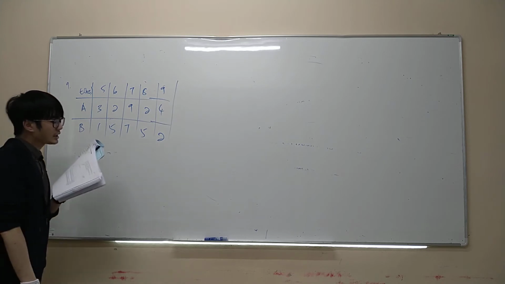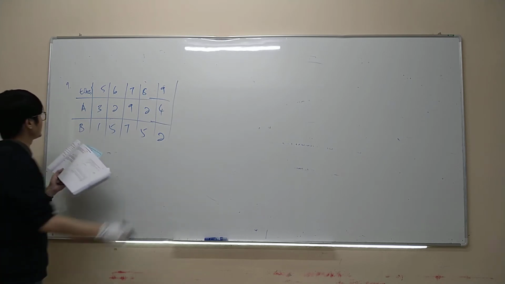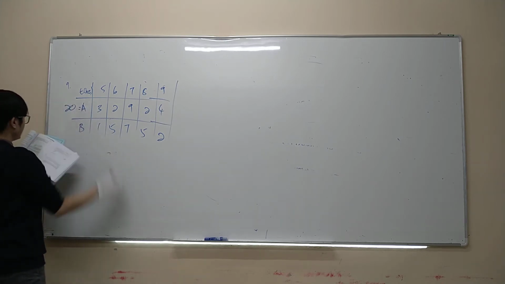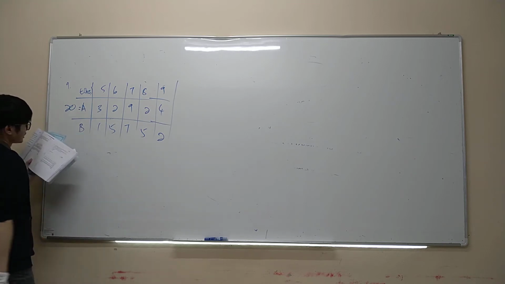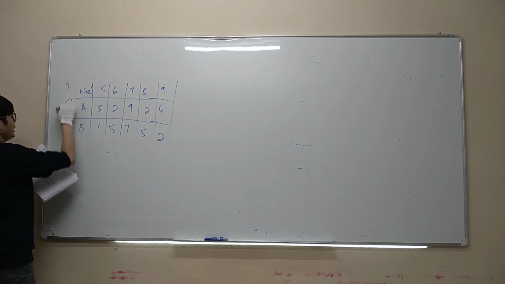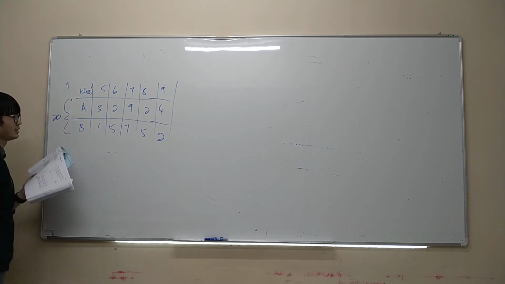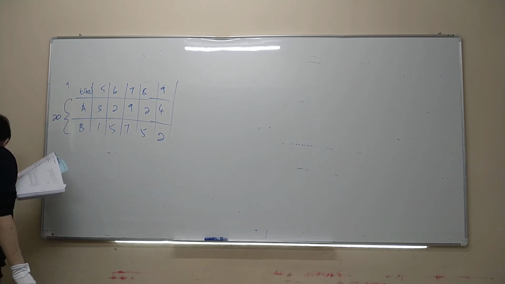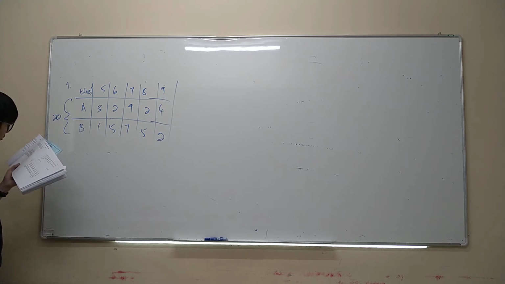Table 9 shows the time taken by 20 employees chosen from factory A and factory B. Oh, maksudnya A and B total is 20 lah. Okay, so the results are recorded as follows.